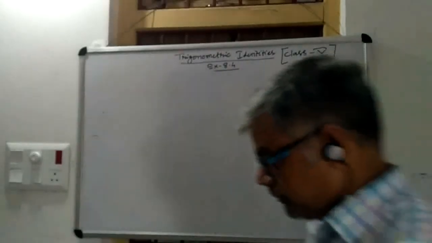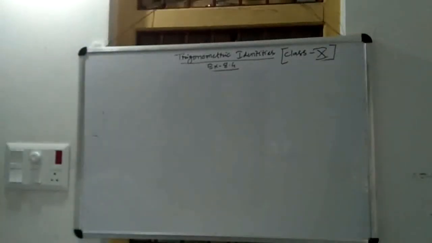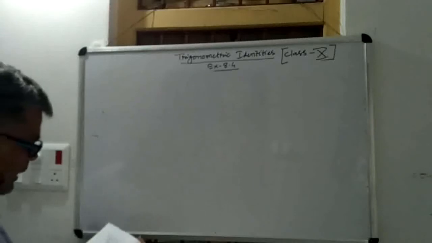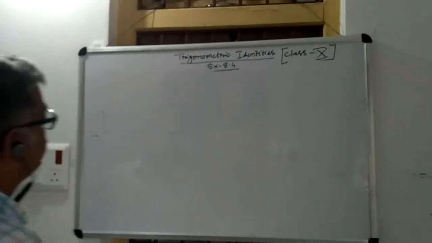Now taking the next identity from your exercise 8.4, that is identity number 8.